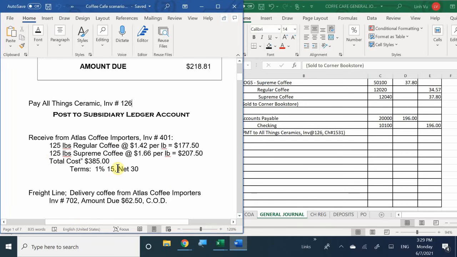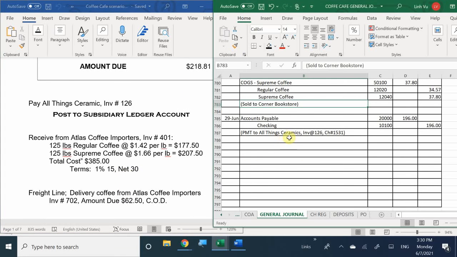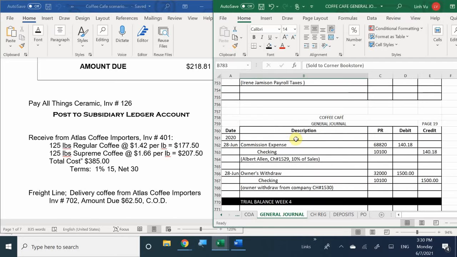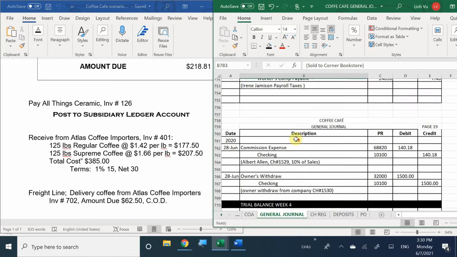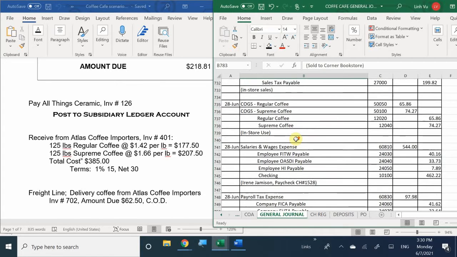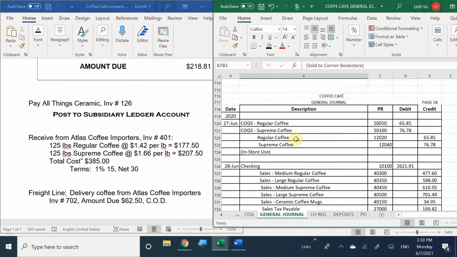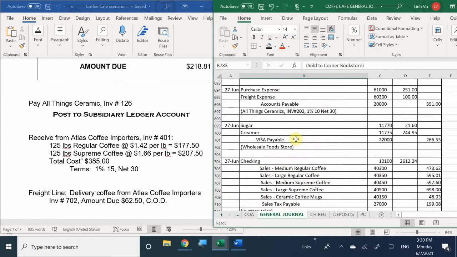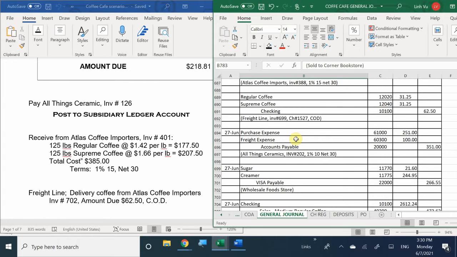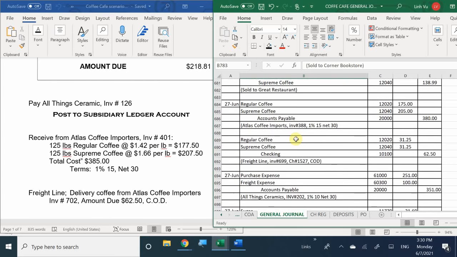All right. And here we have another receipt of coffee from Atlas Coffee. What do we need to do here?